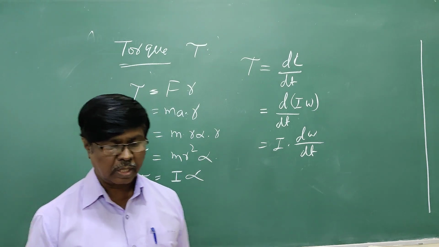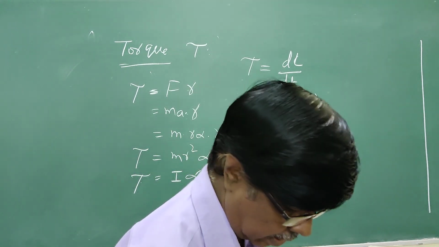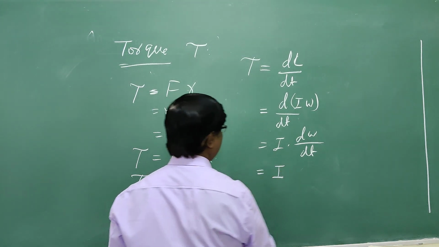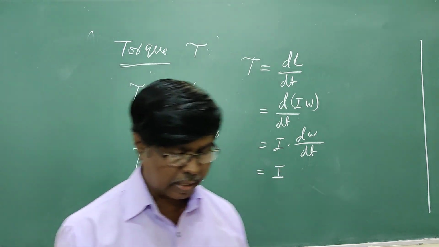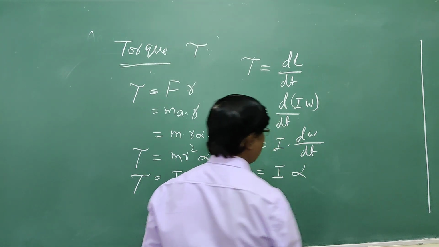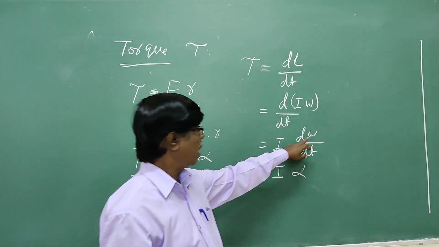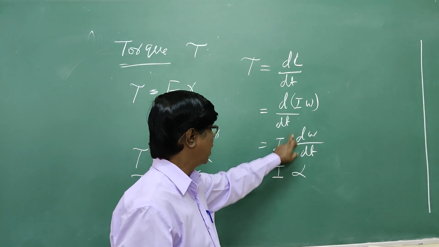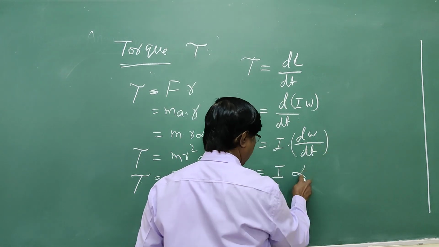D omega by dt, the rate of change of angular velocity, is nothing but the angular acceleration alpha.